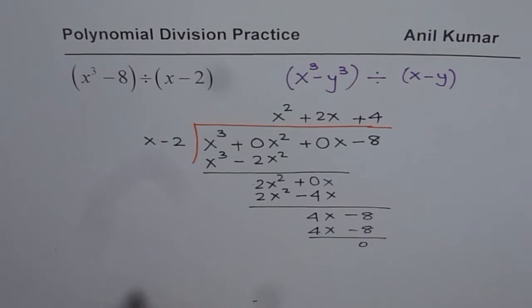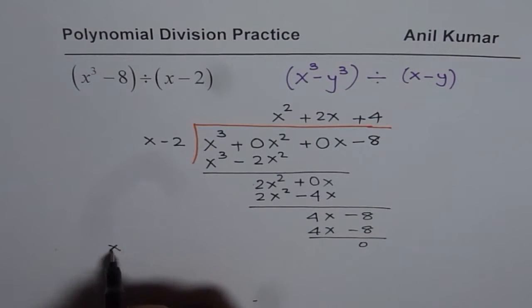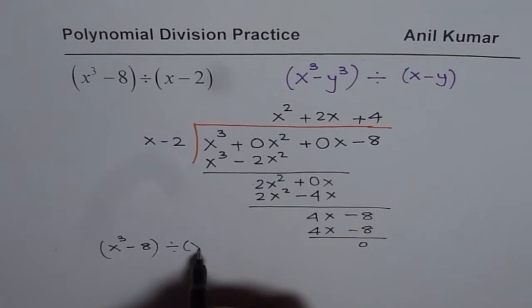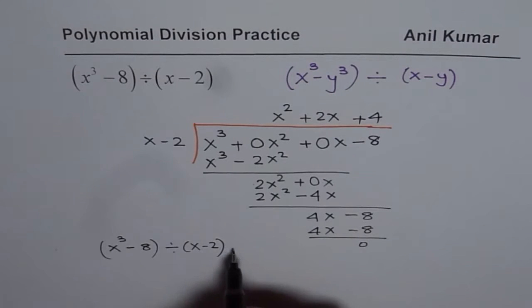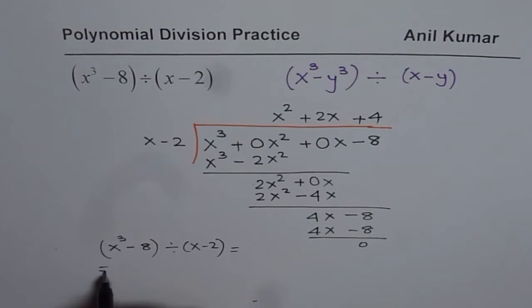And now we can write down that x cubed minus 8 when divided by x minus 2 is indeed equal to x squared plus 2x plus 4, correct? So in another way, we can write it in factored form also.